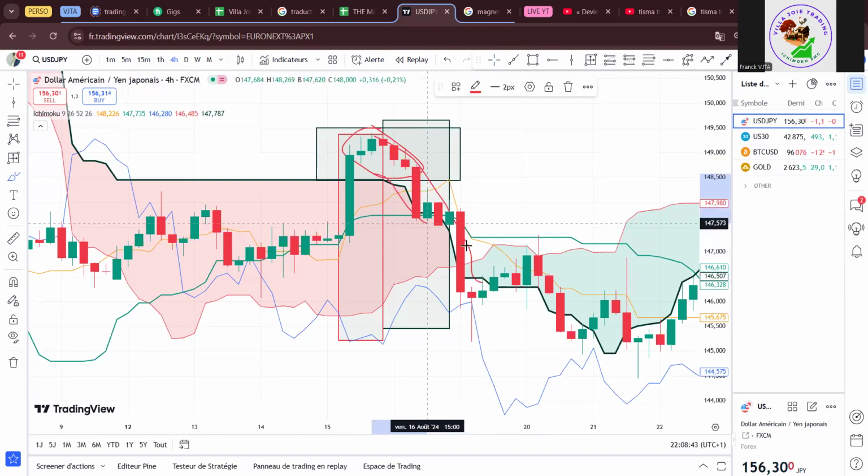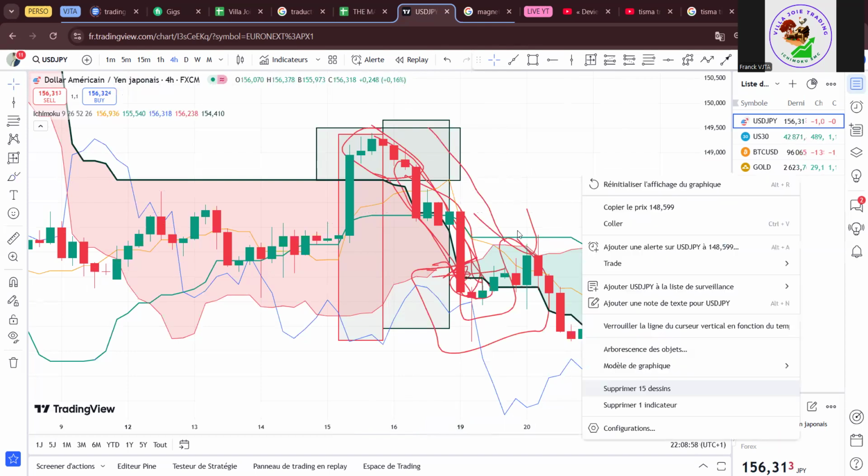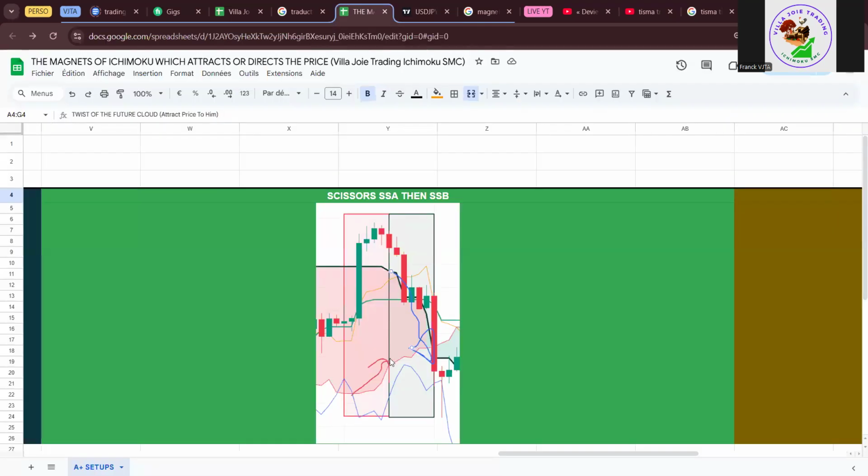There is also the seesaw, the fact that SSB is already inclined here, and there is a twist here and a magnet like this, the twist in the magnet is inside here. That is attracting. All things prove that this price will go down at this level. That's also the seesaw that I explained here: the movement of SSA, then the movement of SSB.